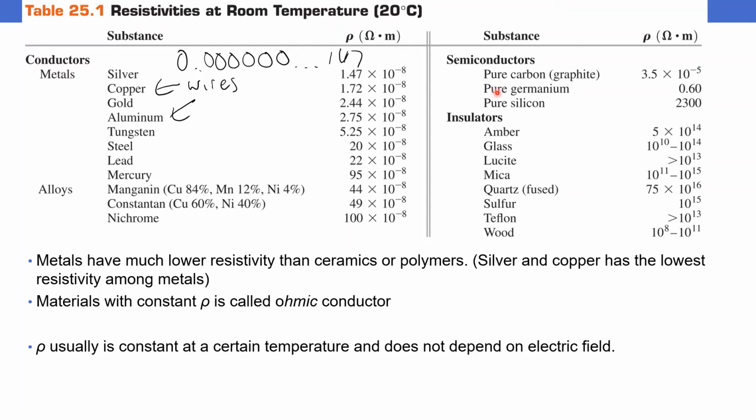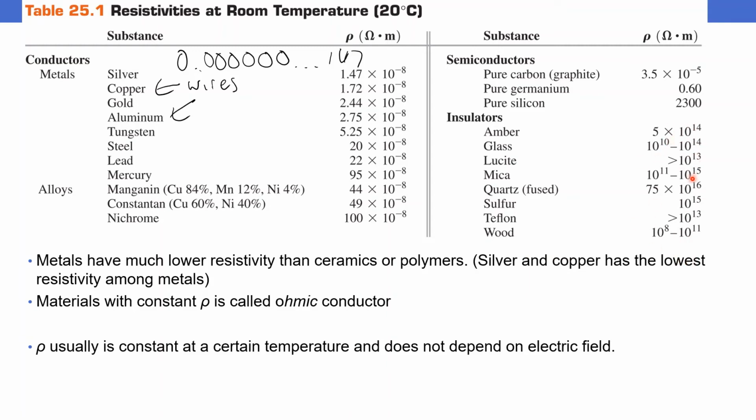Next is semiconductor. Semiconductor has a higher resistivity compared to conductors. For example, all of the conductors have 10 to the power of negative 8 resistivity. However, semiconductor has 10 to the power of negative 5 or maybe 10 to the power of negative 1. So this is very high compared to conductor. Finally, we have insulators. Insulators have a very high amount of resistivity.